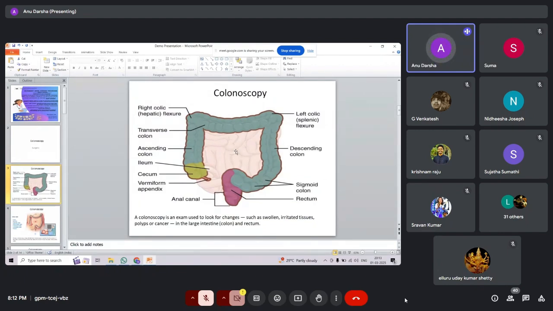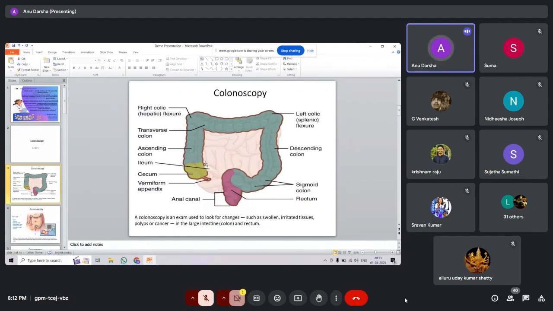So the physician will be examining all the way, starting from anal canal, sigmoid, descending, transverse, ascending, cecum until here. So total examination of this part will be done to understand better what could be the reason behind any sign and symptom, or there is also a possibility that they will be doing this procedure for any screening purpose.